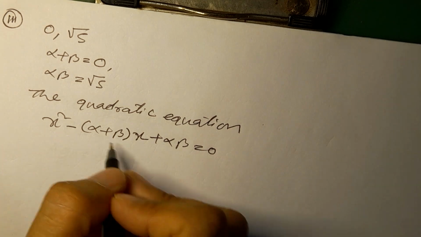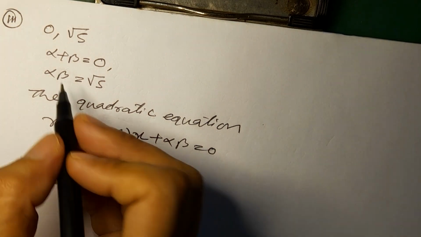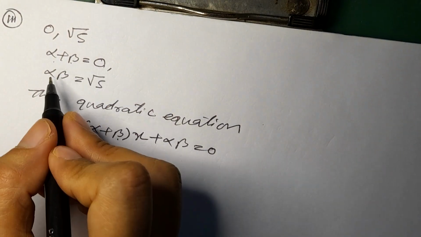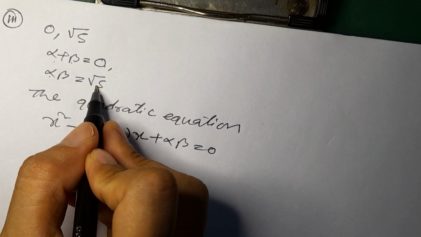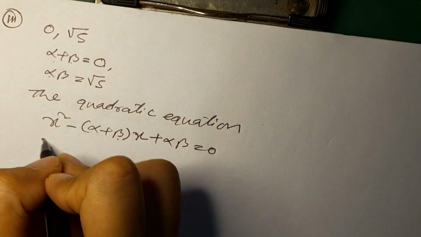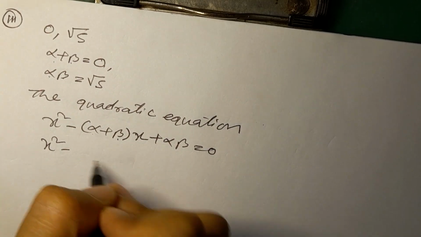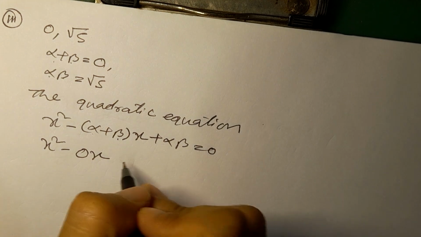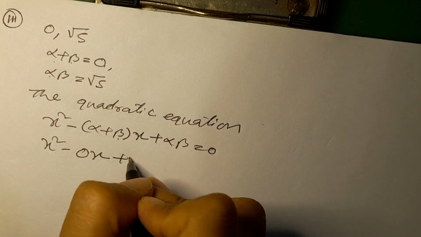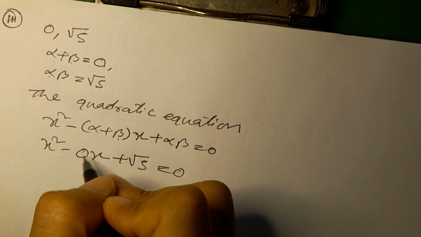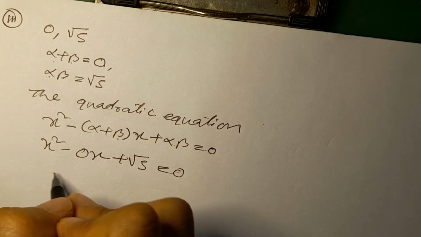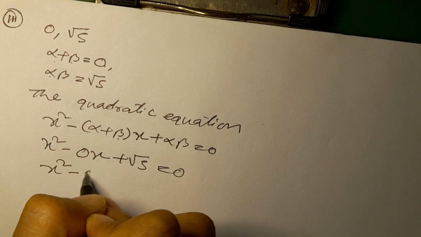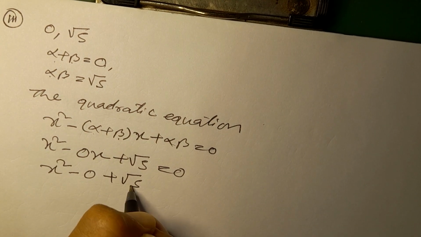You have to remember the formula. Now put the values: alpha plus beta is equal to 0, alpha into beta is equal to root 5. So it will be x square minus 0x plus root 5. If you multiply any number by 0, it will always give 0. So minus 0 plus root 5 equal to 0.